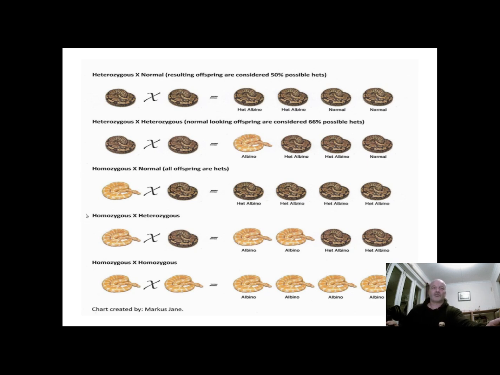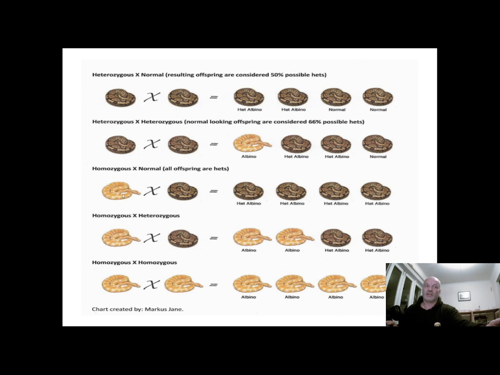It starts to get interesting when you start introducing visuals. If you put a visual, or homozygous, to a normal, then everything will be 100% hets, because they contain 1 copy of the albino gene.